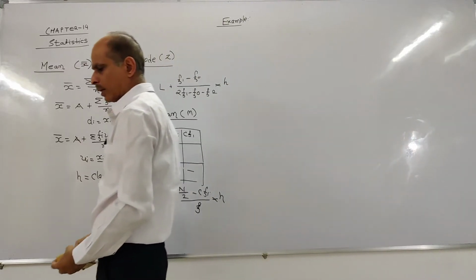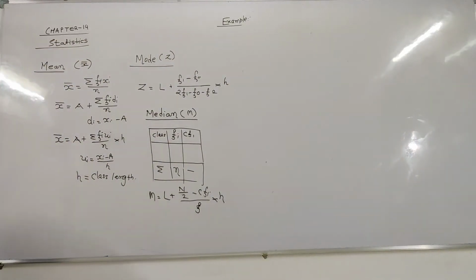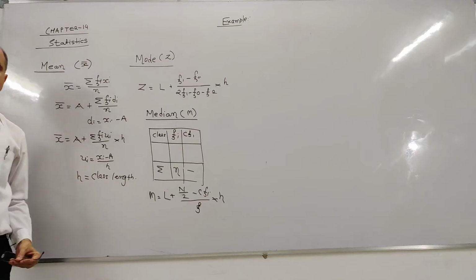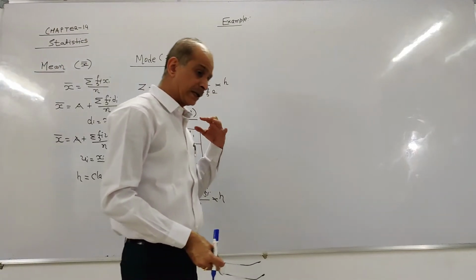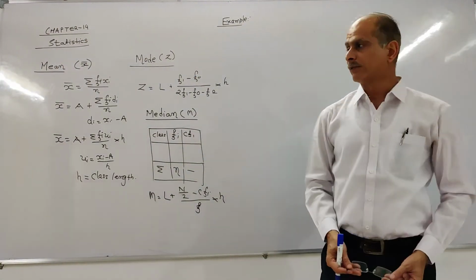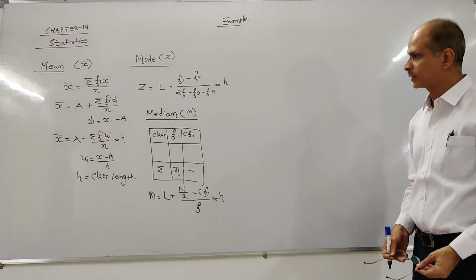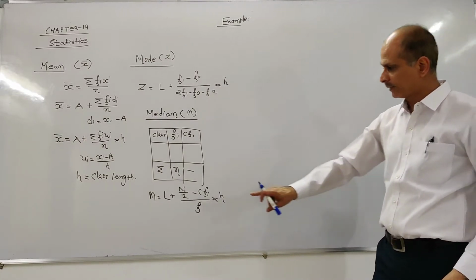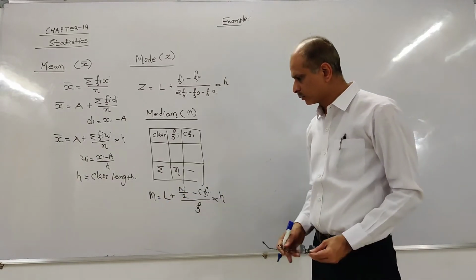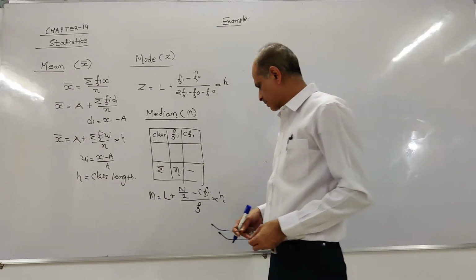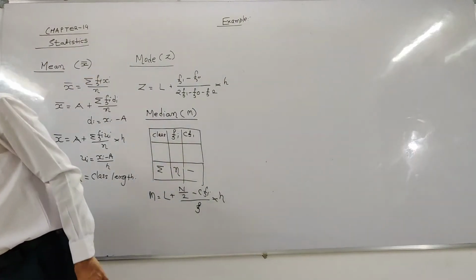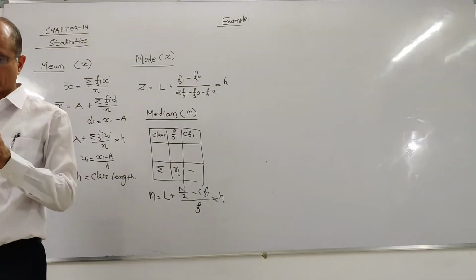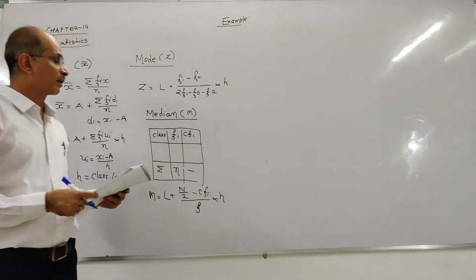But for ungrouped data as well as for discrete frequency distribution, in our course of 10 standard, we have to find out the frequency distribution, that is for grouped data, and the formula is M is equal to L plus N by 2 minus CFI upon F into H. Now let us start example number 4.